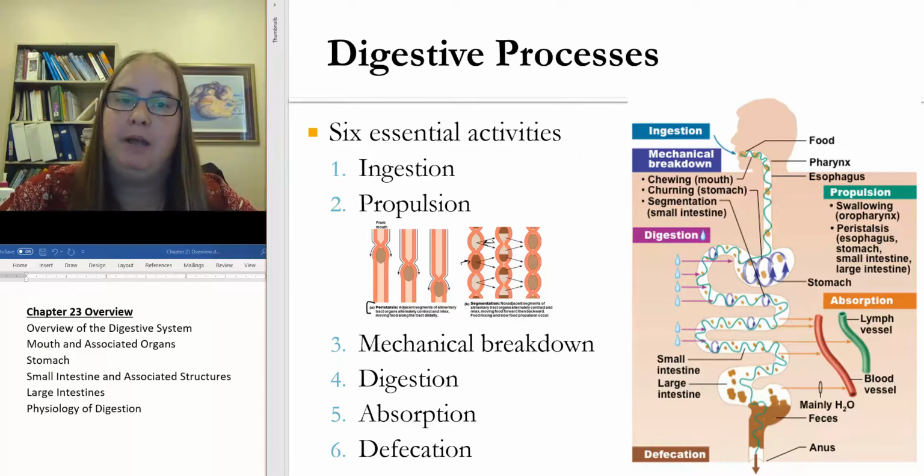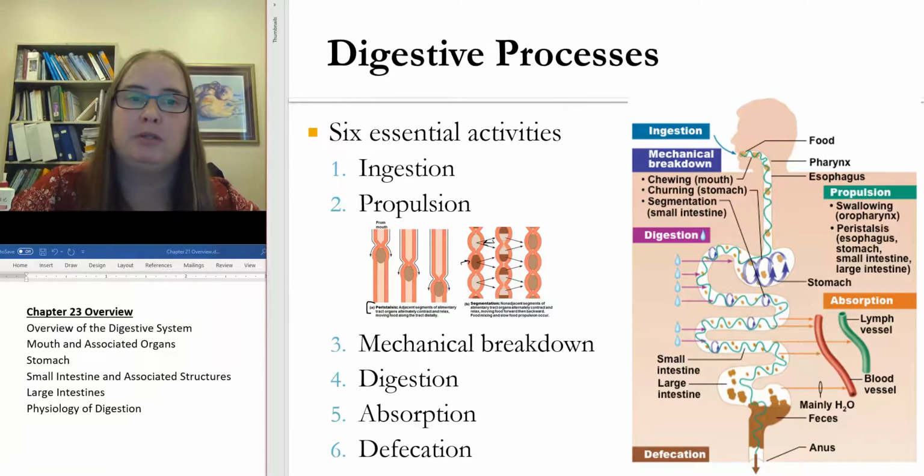Segmentation is also a type of mechanical breakdown, which is our third essential activity. Mechanical breakdown is a physical manipulation or breaking down of foodstuff. A perfect example would be the teeth. You bite into a sandwich, and the teeth grind that foodstuff down into a much more simplified version of what you consumed.